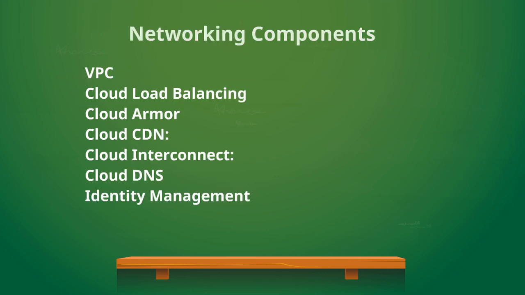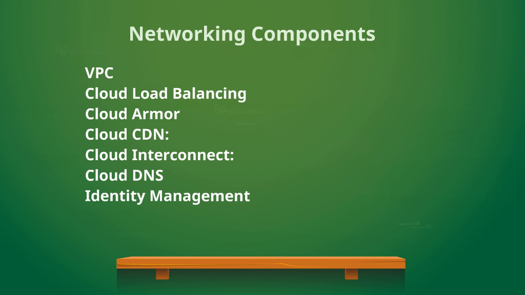So, networking components. Let's start off with VPC, your virtual private cloud. You create your own private network, which is pretty much what everyone does in cloud. You can make use of Cloud Load Balancing, using a single multicast IP to communicate with the rest of the gang. You can implement Cloud Armor, to prevent DDoS attacks, SQL injection, and cross-site scripting.